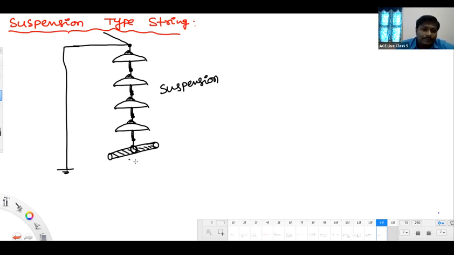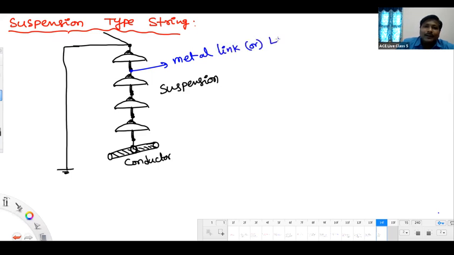And the connection between two insulator discs, we are going to call a metal link, or you can say link pin. So this is about the suspension type.